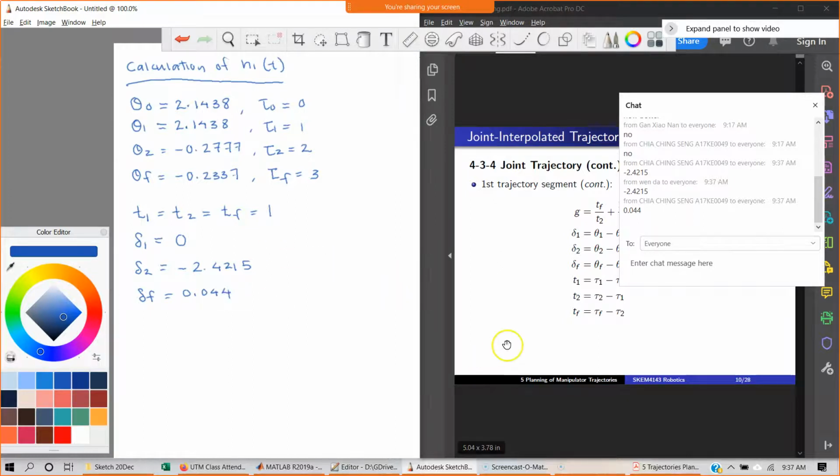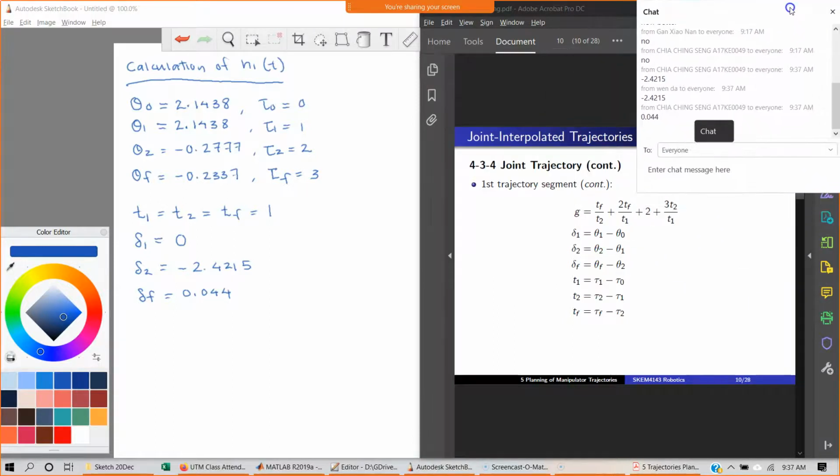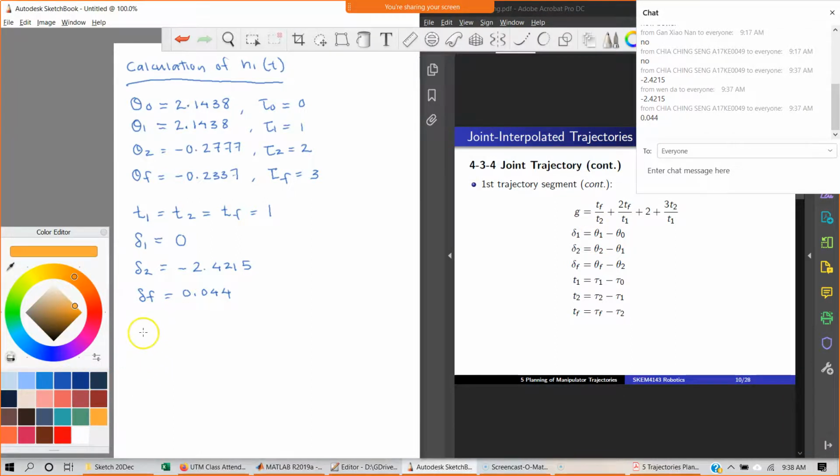That's good. Next, we are ready to compute G. Let me use another color. G is Tf over T2.